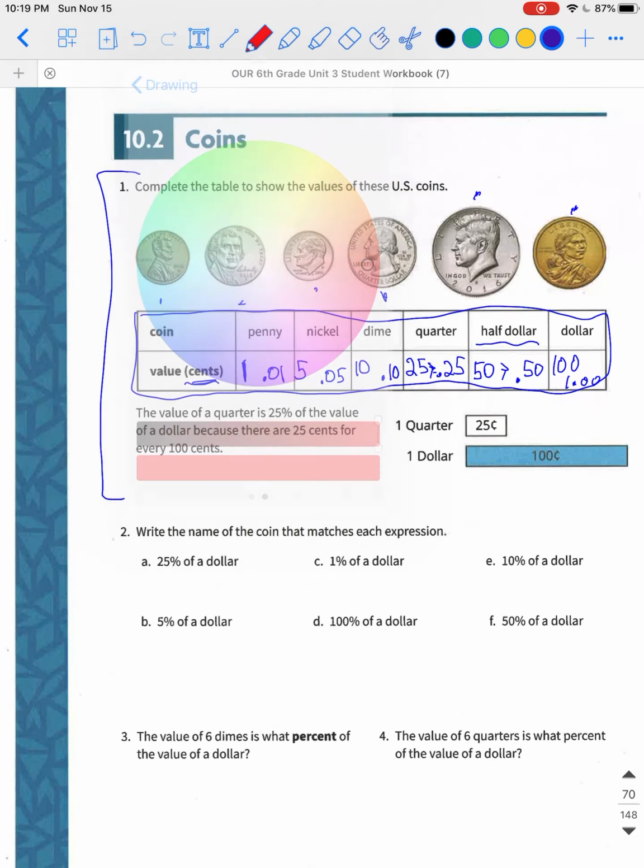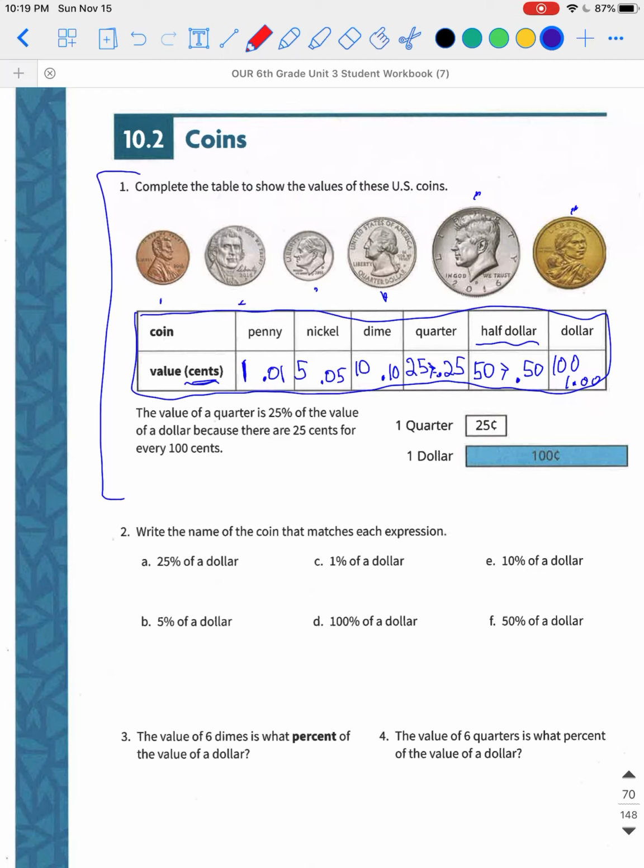Let's switch up my color here. All right, the value of a quarter is 25% of the value of a dollar, because there are 25 cents for every 100 cents. So what that means is, to make $1, I would need 4 quarters, right? 1 quarter, 2 quarters, 3 quarters, 4 quarters.